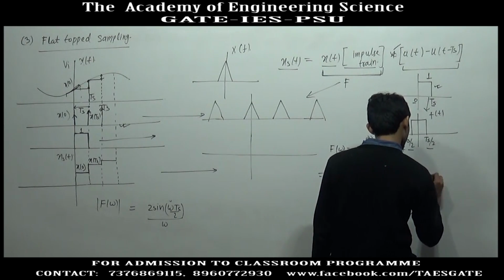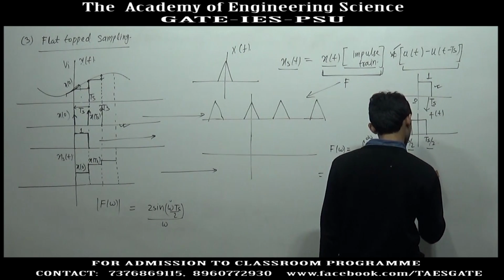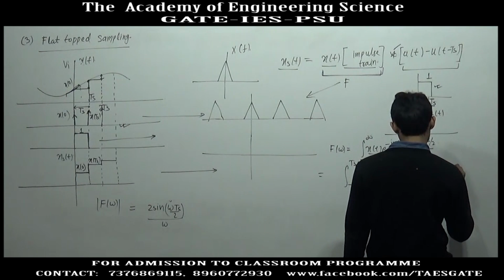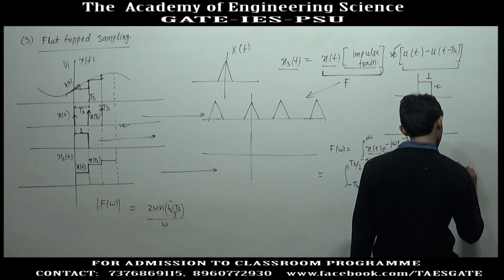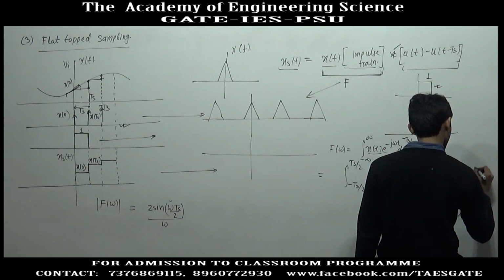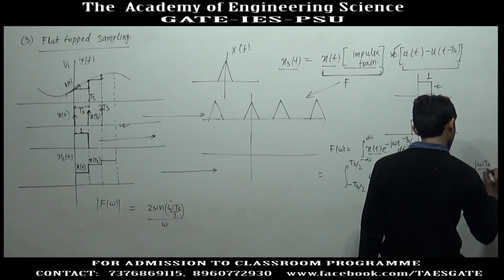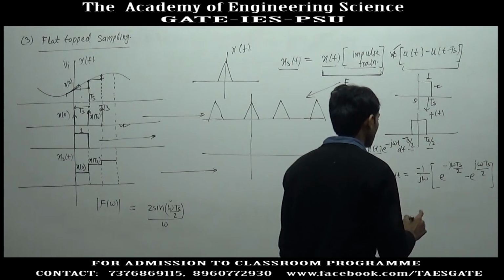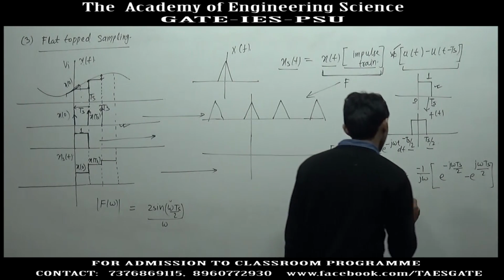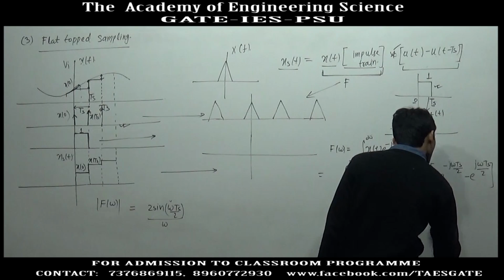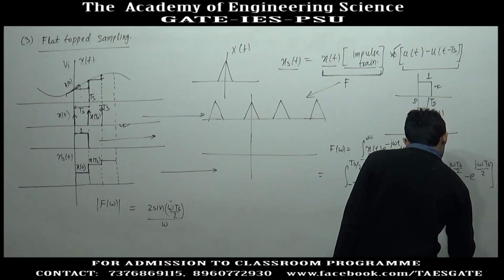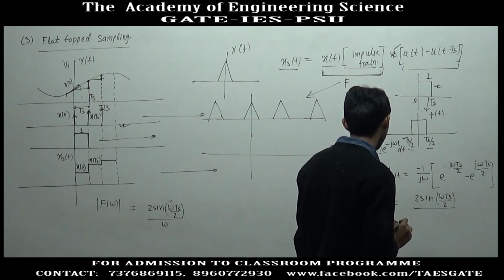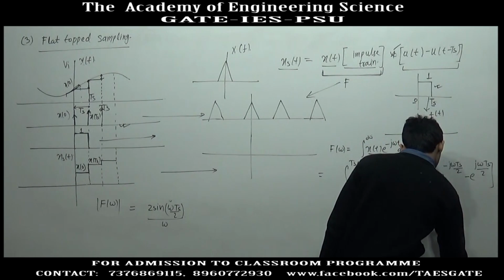So, if you integrate it, you will get minus 1 by j omega, e to the power minus j omega Ts by 2 minus e to the power j omega Ts by 2. If you solve it, you will get 2 sin omega Ts by 2 divided by omega.